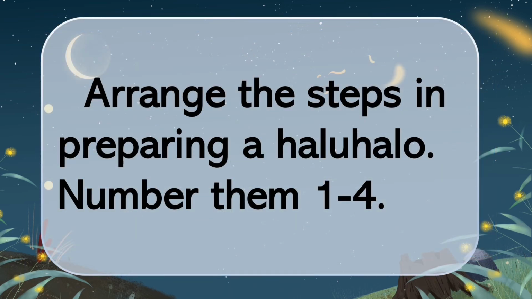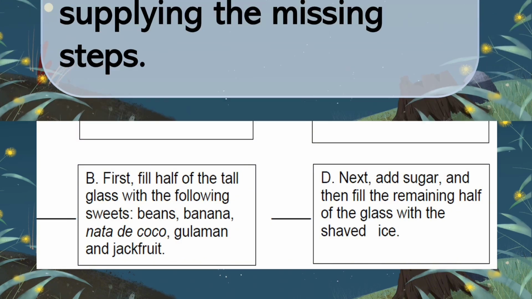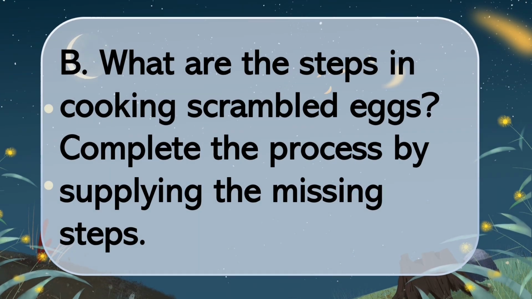And then now, arrange the steps in preparing a halo-halo. Number them from 1 to 4. Students, what are the steps in cooking scrambled eggs?